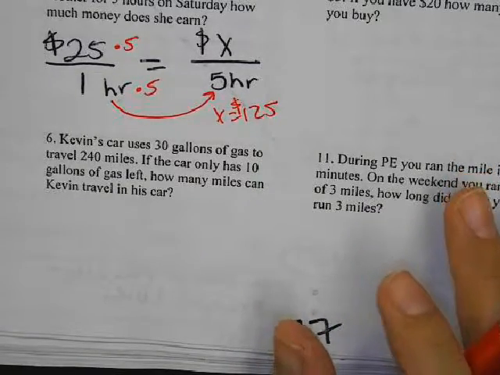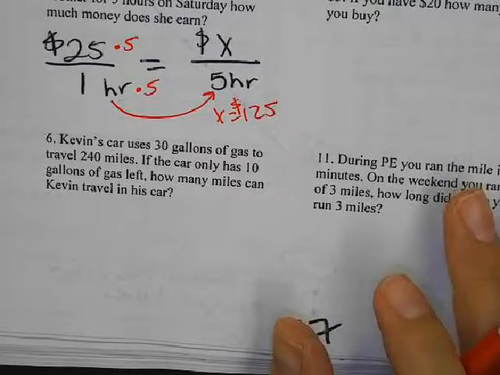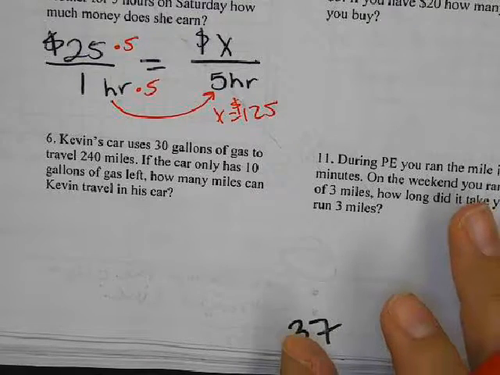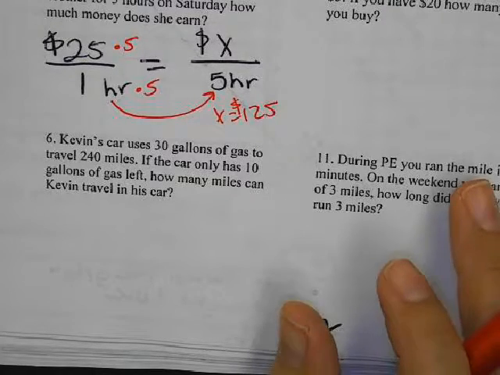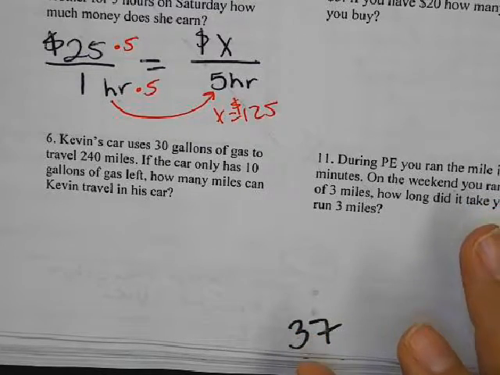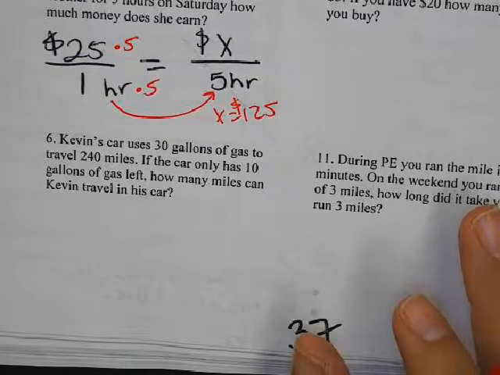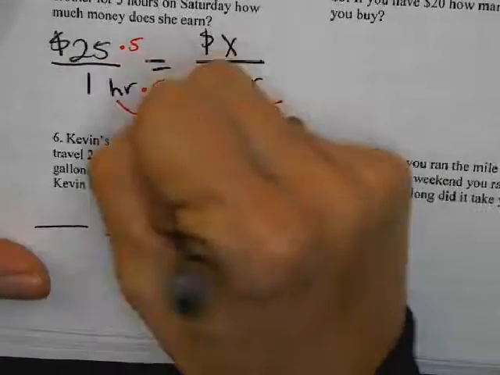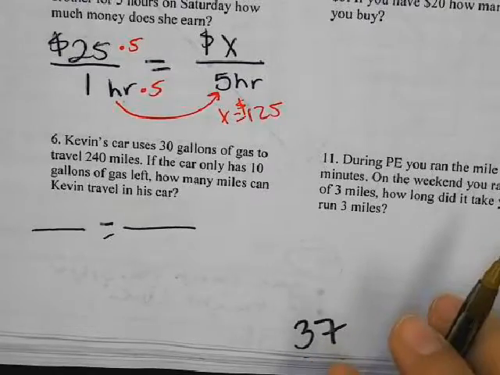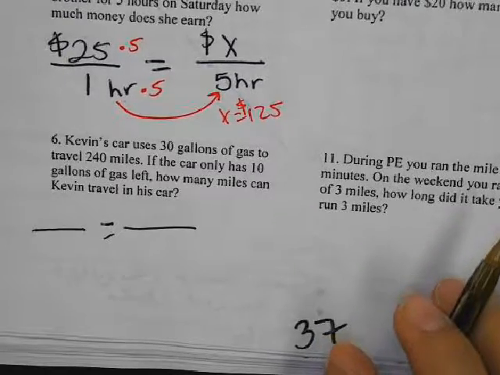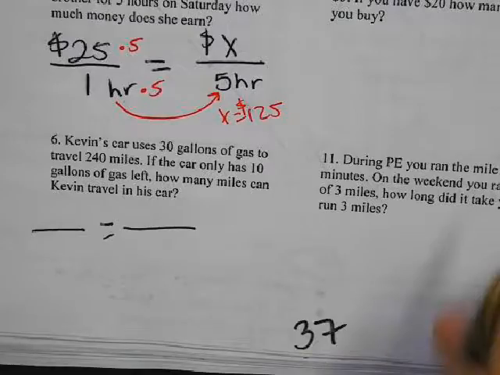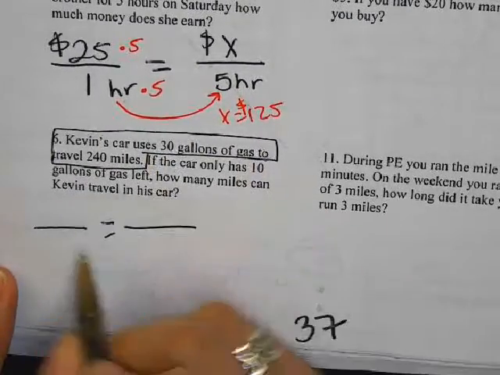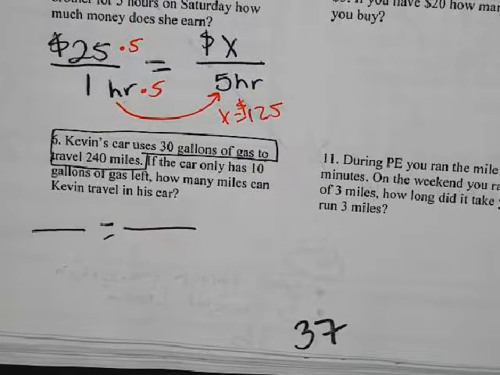Kevin's car uses 30 gallons of gas to travel 240 miles. If the car only has 10 gallons of gas left, how many miles can Kevin travel in his car? So I need you to set up a proportion first. And again, your first sentence is your first fraction.